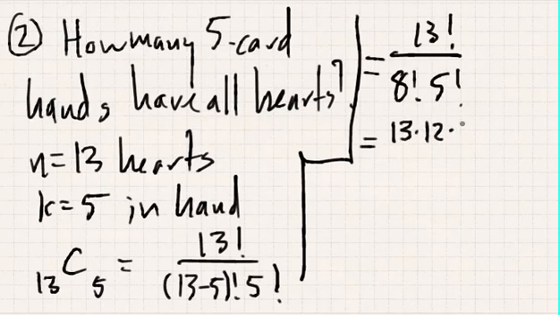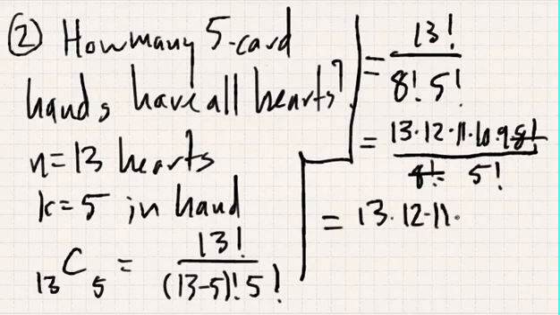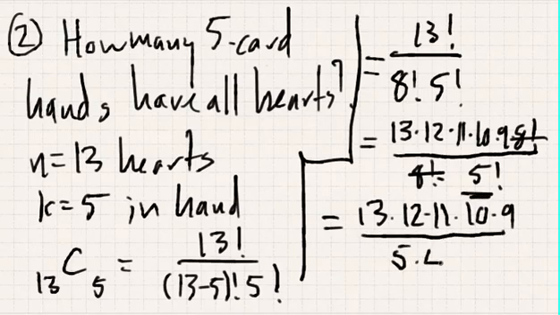So 13 times 12 times 11 times 10 times 9 times 8 factorial divided by 8 factorial times 5 factorial. 8 factorials cancel out, and I'm left with on top 13 times 12 times 11 times 10 times 9. And on the bottom, expanding out the 5 factorial, I get 5 times 4 times 3 times 2 times 1.